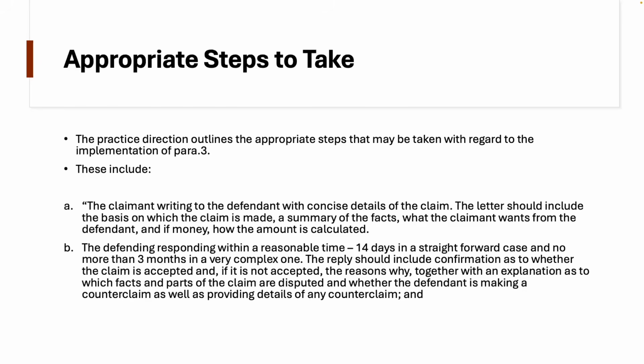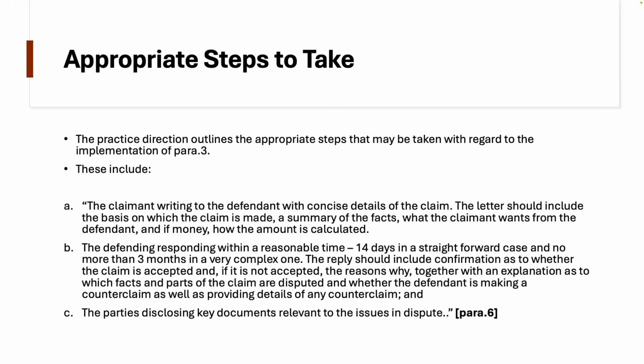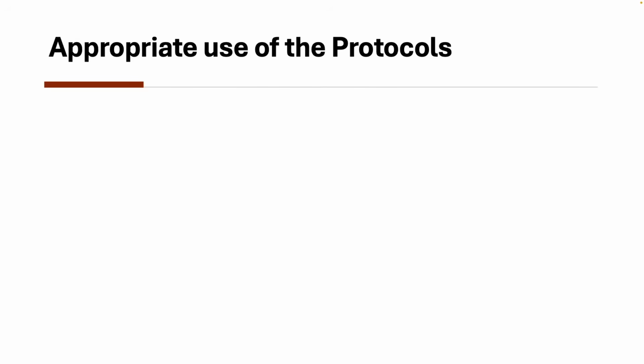So in some circumstances, you might be a defendant who gets a litigation letter, maybe a cease and desist or something, and you might think, well, actually, I have a claim myself. I'm going to issue a counterclaim. And so that has to also be included in your response to the claimant's letter in the pre-action protocols. And then finally, the parties disclosing key documents relevant to the issues in the dispute as well. That is also a requirement.